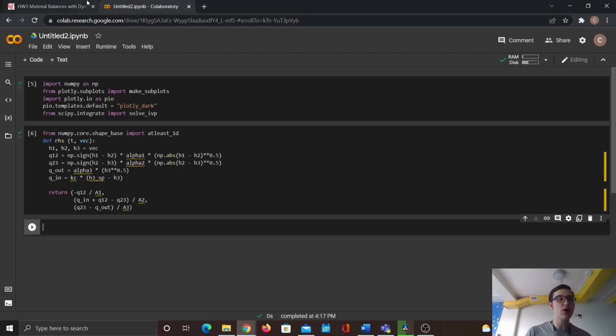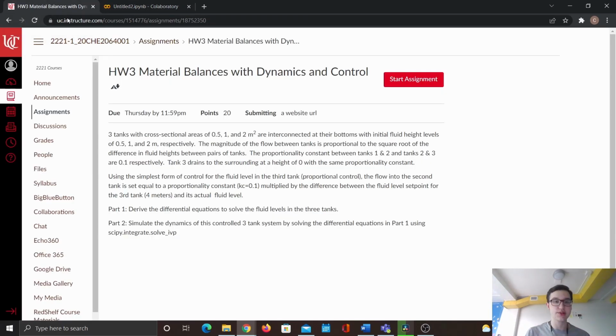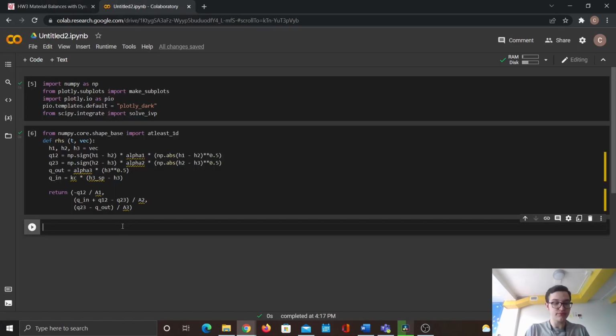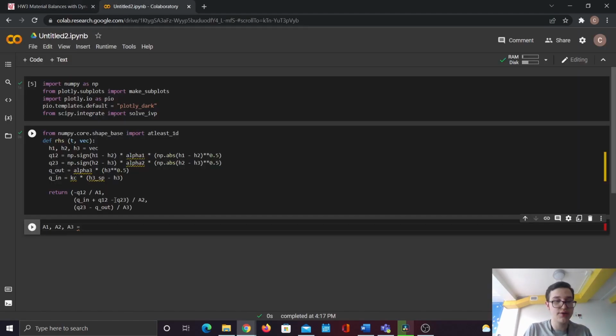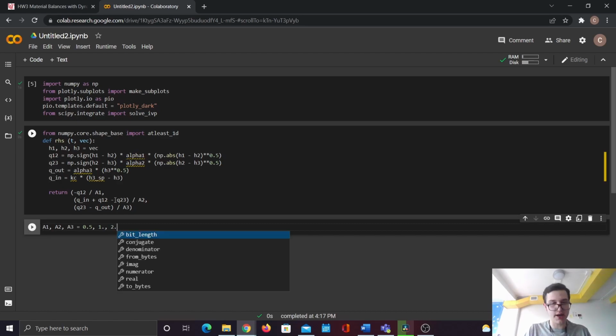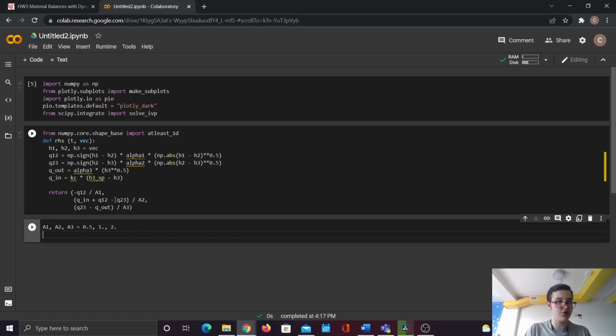So now we can input all of our necessary values. We have here the cross-sectional areas: A1, A2 and A3 are equal to 0.5, 1, and 2, respectively. So 0.5, 1 dot, and 2 dot, just so it's not integers. That may mess things up if we're not careful, but now it shouldn't.